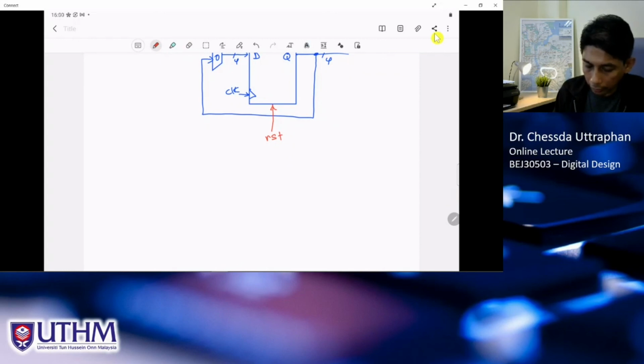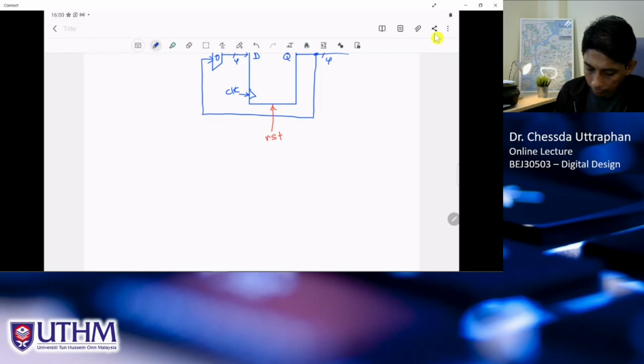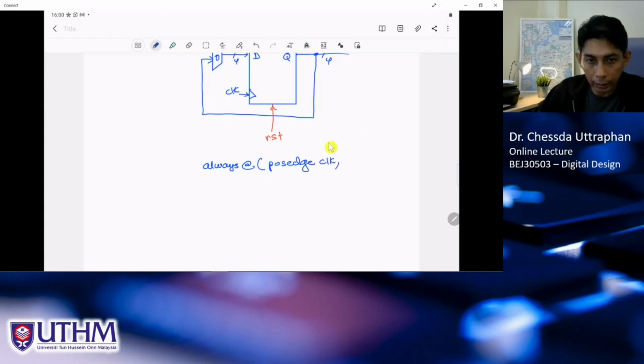So to write the code for this, again, we use the behavioral code. So always @(posedge clock). Now we need to include the reset into the sensitivity list because this is important.